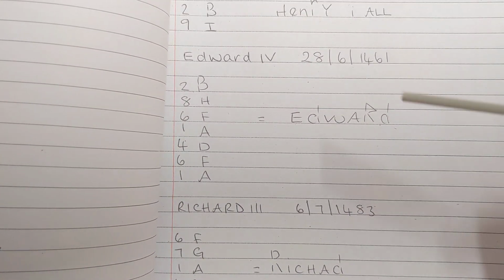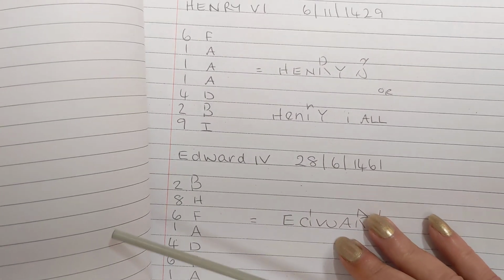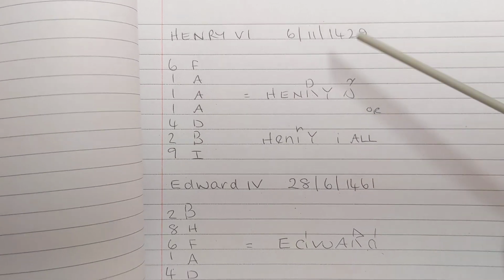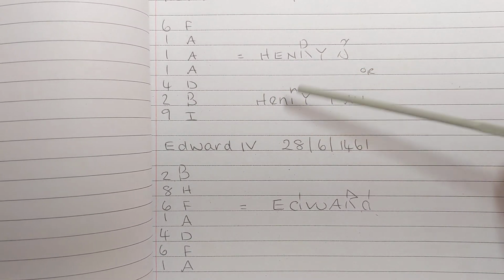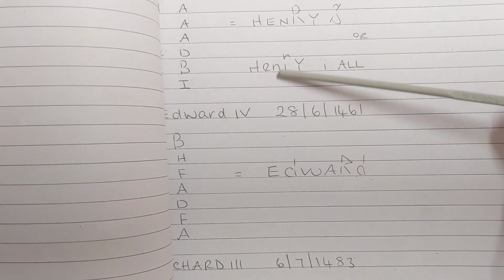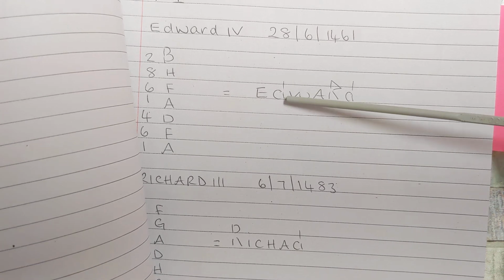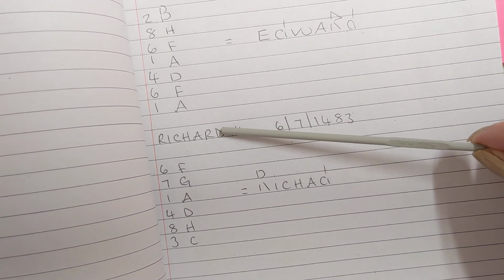You can see that they do things like this. This is Henry the 6th, but he's got Henry and a number 8, or he's got Henry I all. If you do it that way around, Edward is just Edward, and Richard is Richard, without the R in it.